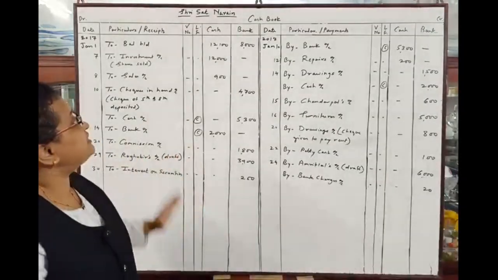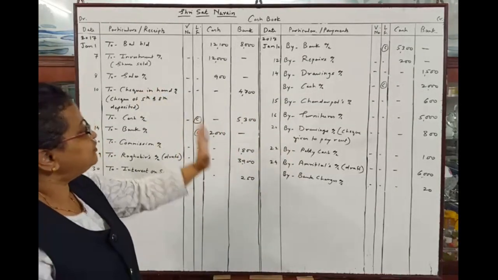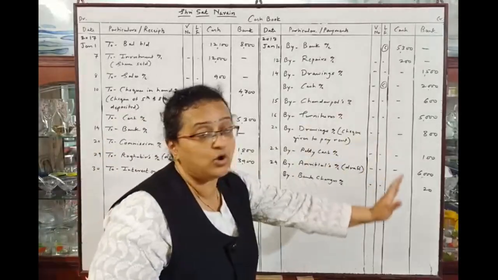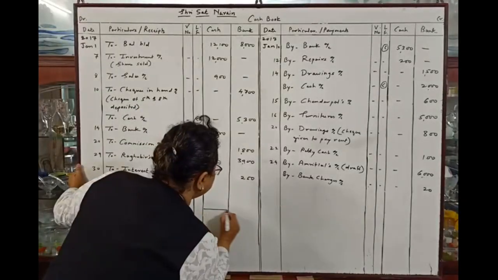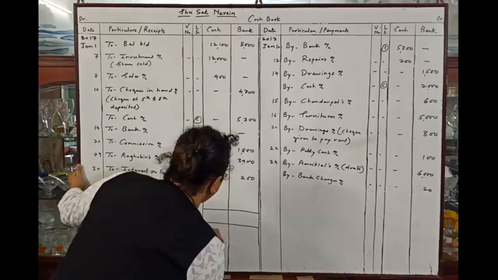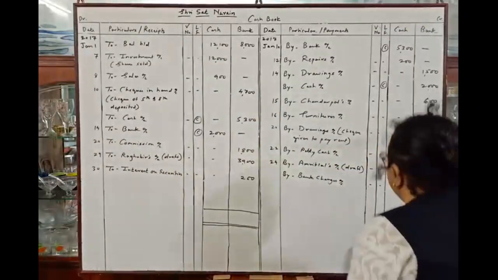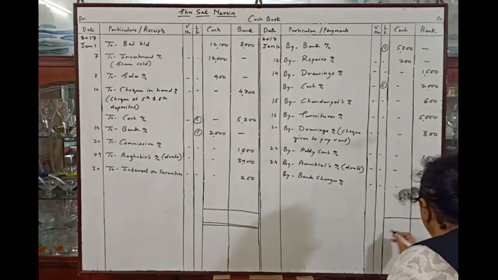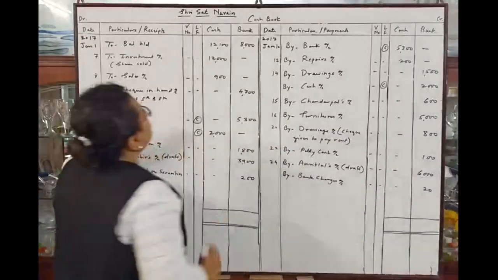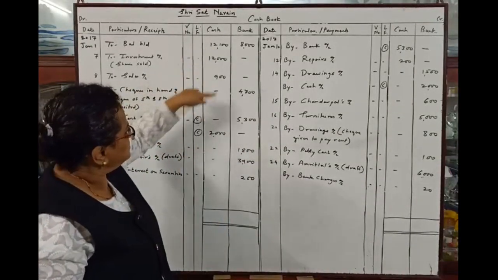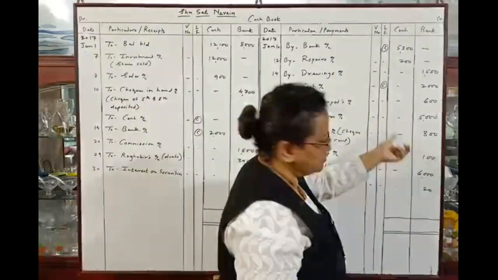So first we will tally cash column debit side with cash column credit side and then we will tally bank column debit side with bank column credit side. First cash column, debit total is 27,000 and credit total is 5,500.